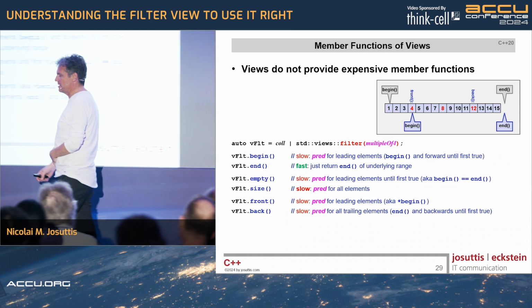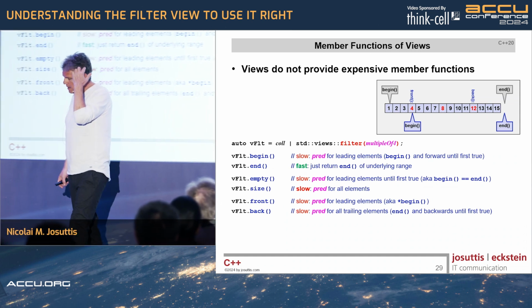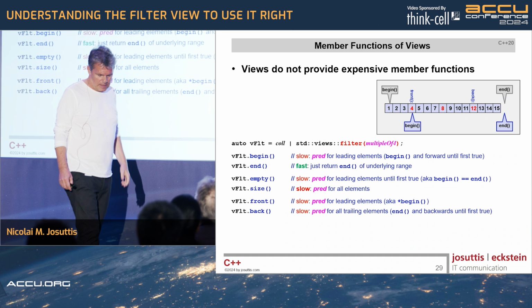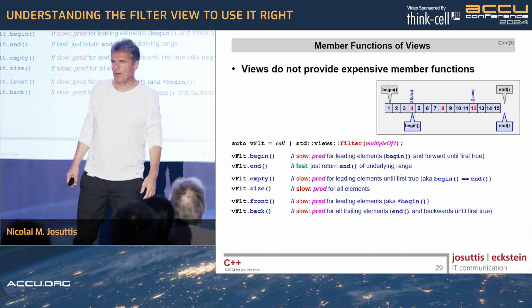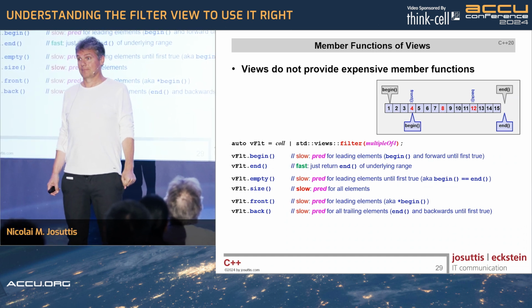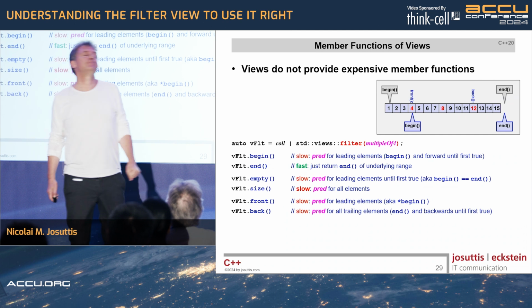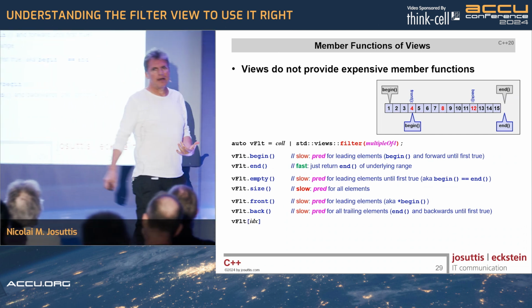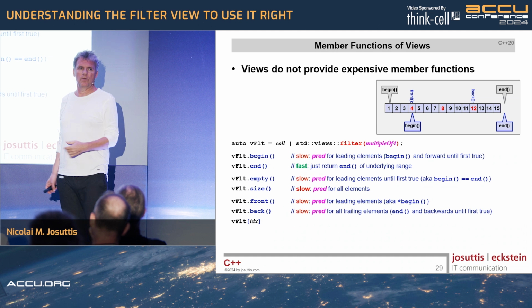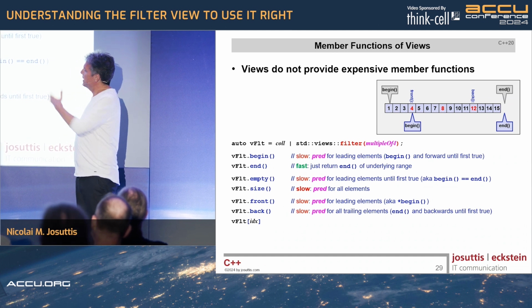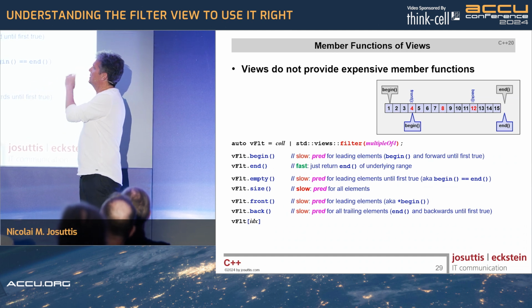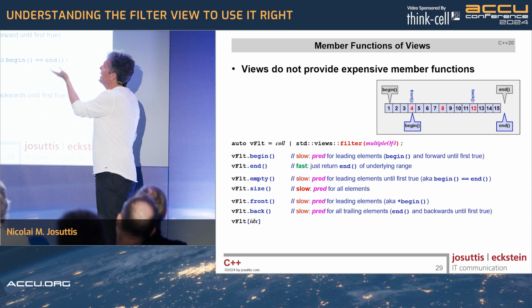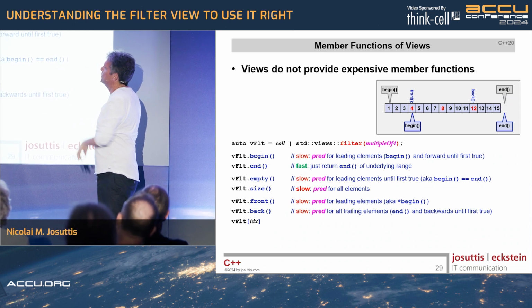It's an interesting question. What does it mean if we call this and you have only a forward range? Then it gets worse. Index, jump to the 10th element. Yeah, we have to look at begin and then from that count, find the 10th element that fulfills the predicate.